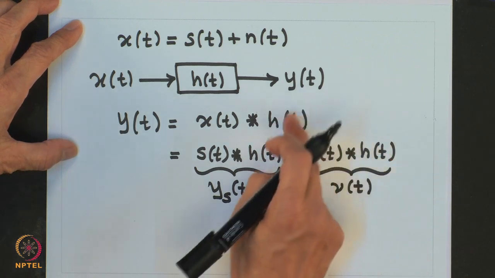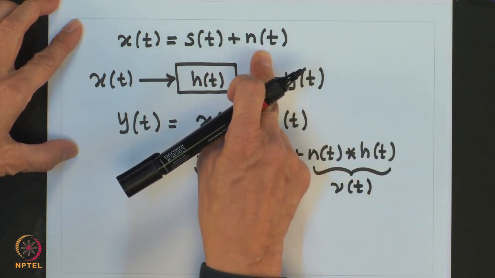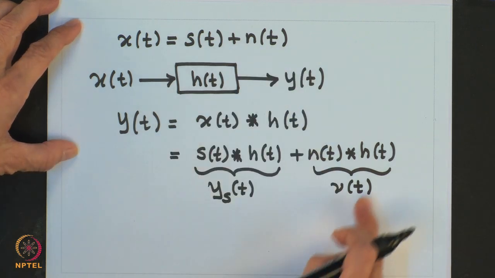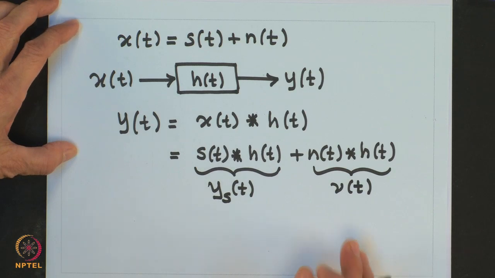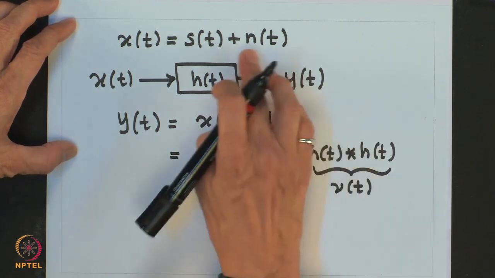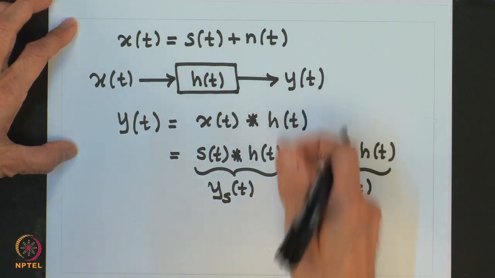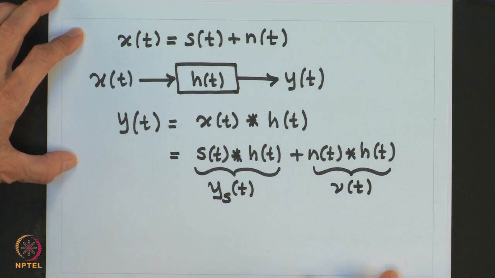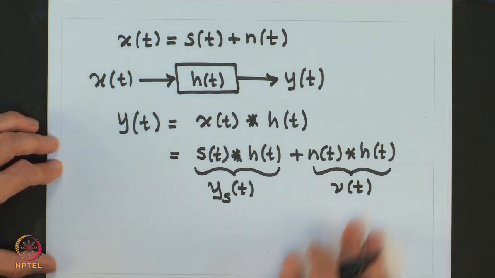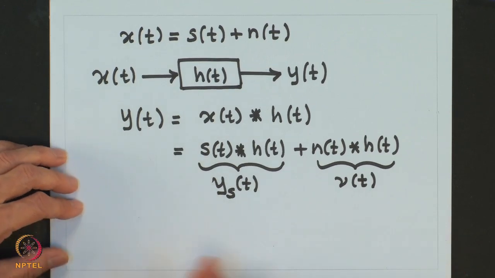We assume that this noise nt is a zero mean Gaussian process. So, your nu t is also going to be a Gaussian process. We also assume that this is white noise. Then obviously this output will not be white noise, but still it will be Gaussian. It will satisfy the Gaussian characteristic. Okay.